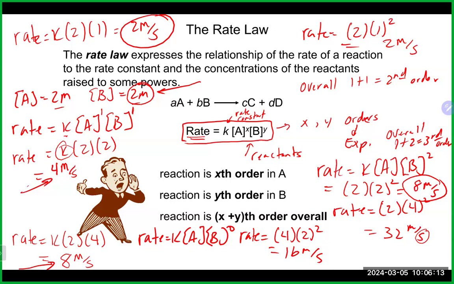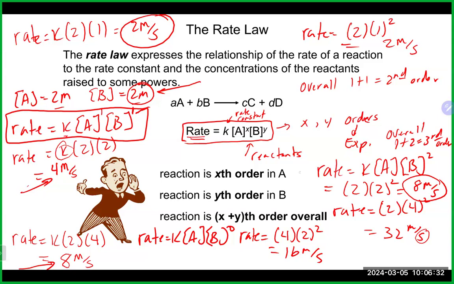So let's summarize the ones we looked at. In this very first one, since they were both first order, they both have an equal effect. So even though we doubled B in that one, if we doubled A, you would get the same result of it going up or down because they're both first order.